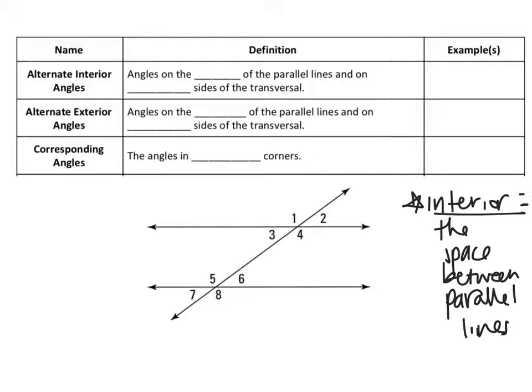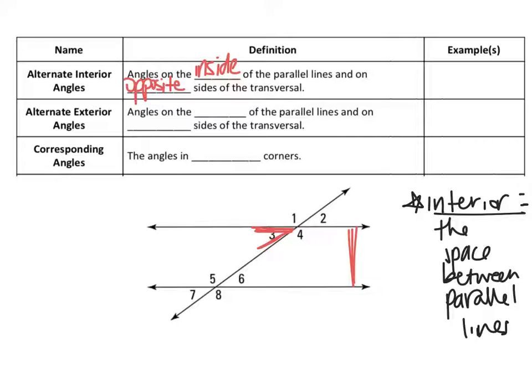If we go back up to the definition, alternate interior angles are angles that are on the inside of the parallel lines and on opposite sides of the transversal. So for example, if we take a look, angle 3 is an interior angle because it falls in between our parallel lines.